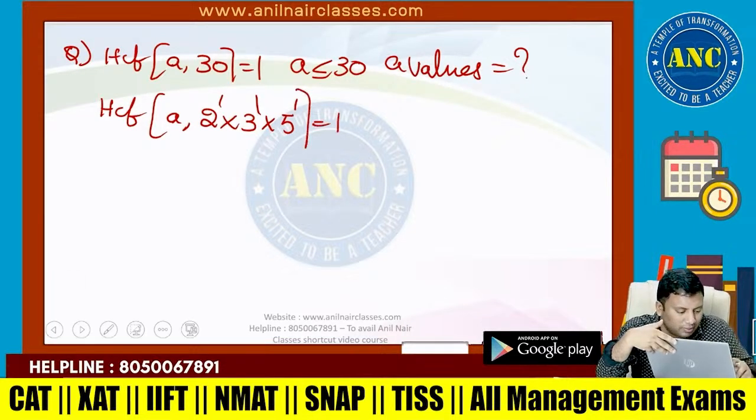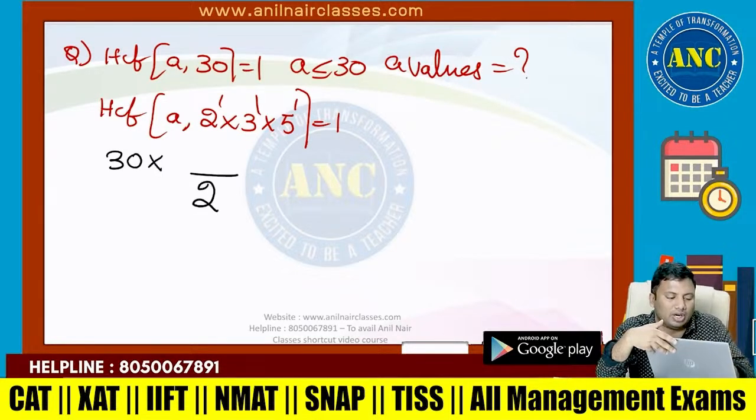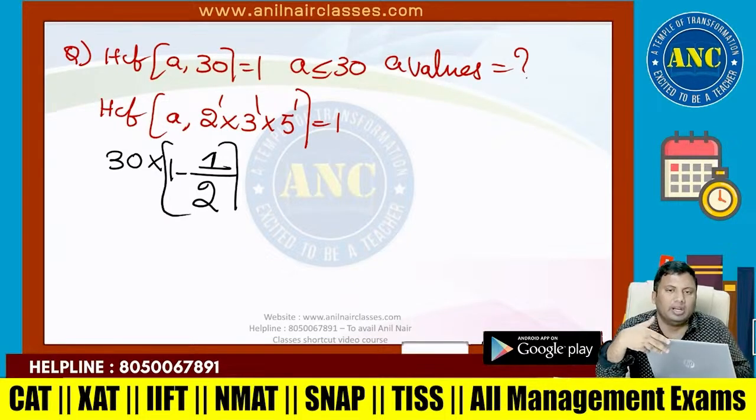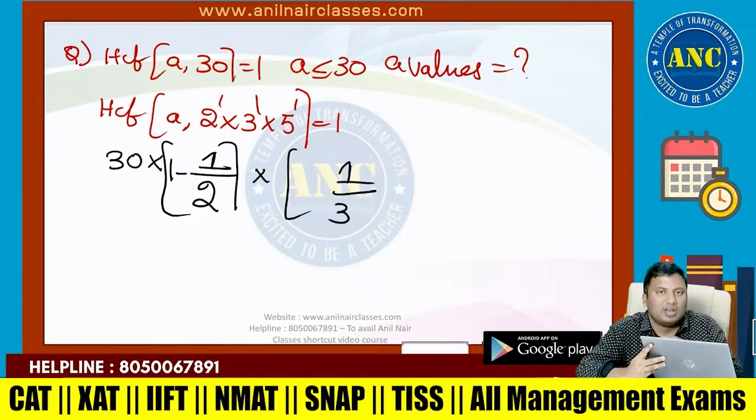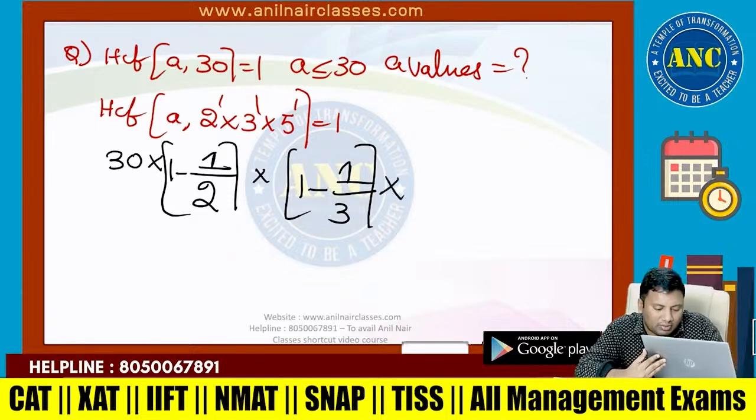So out of 30 natural numbers, for every 2 natural numbers, one number is divisible. Remaining is 1 minus 1 by 2. Out of every 3 consecutive natural numbers, one number is divisible. Remaining is 1 minus 1 by 3.